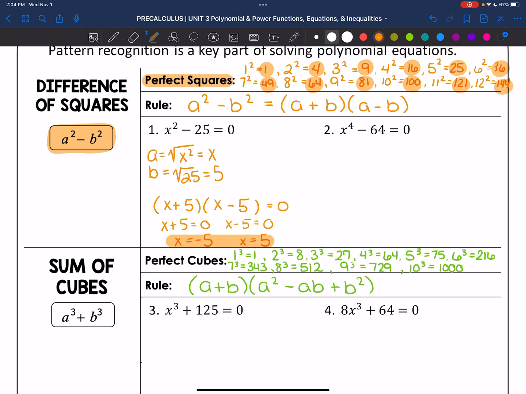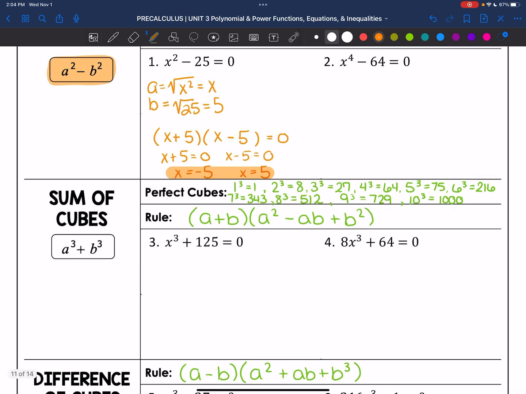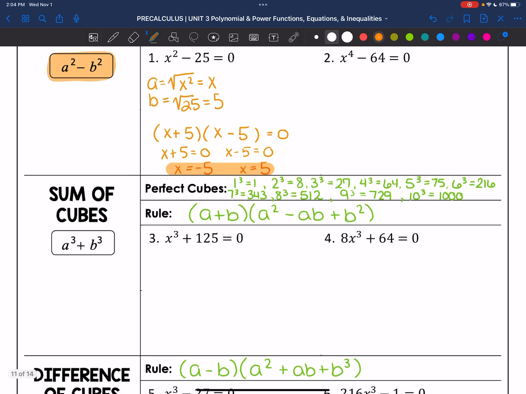But there are more special patterns that we want to be aware of. What if instead of a quadratic binomial, what if we instead have a cubic binomial, meaning that we're working with two terms that are added together, and maybe like this case, both are cubes.